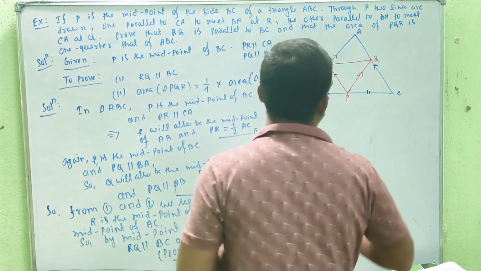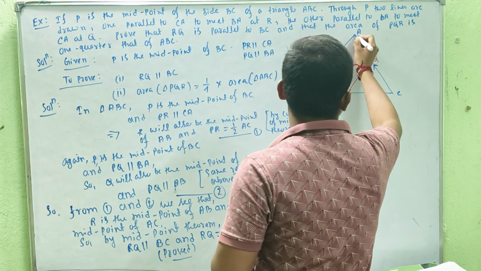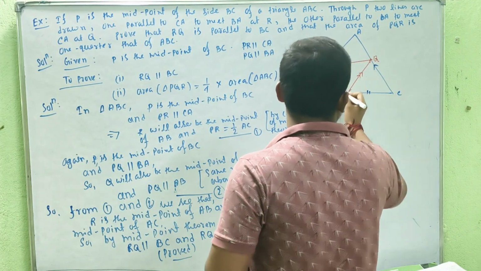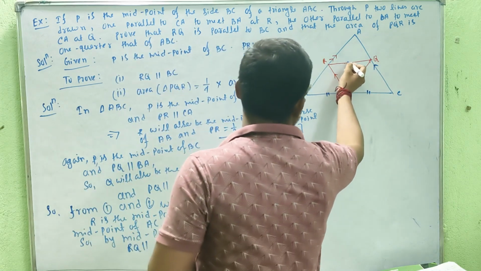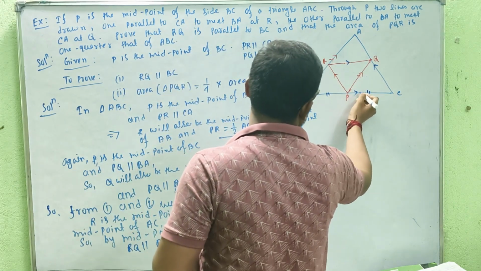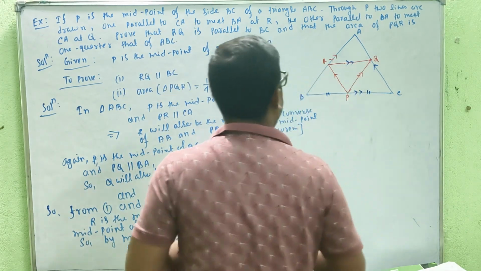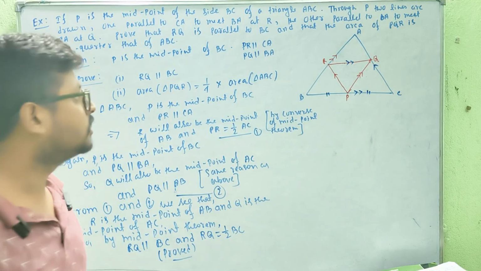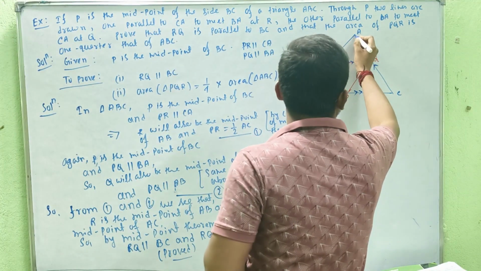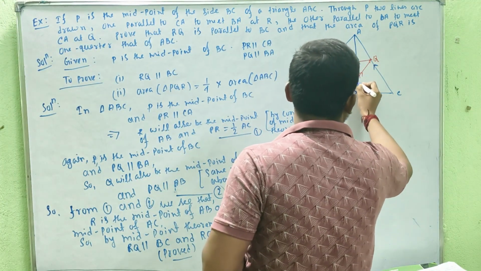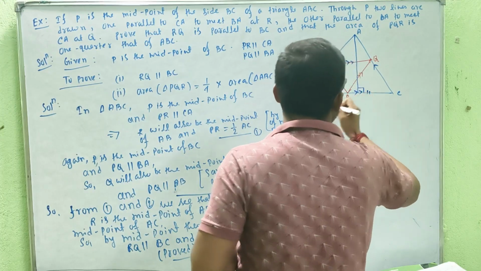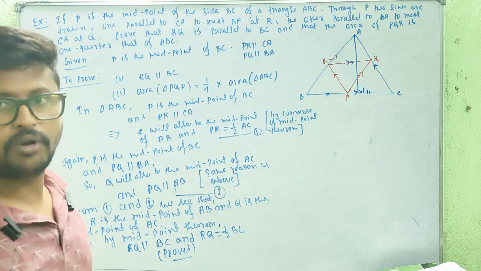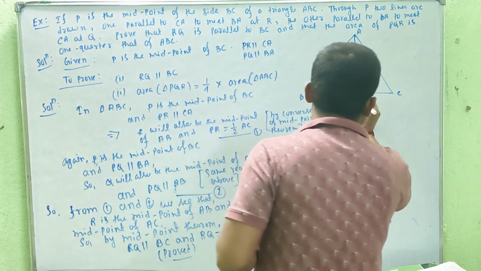Now, this line and this line both are parallel. We get that these two lines are parallel. Okay, so draw a perpendicular. Suppose this is the perpendicular AM.